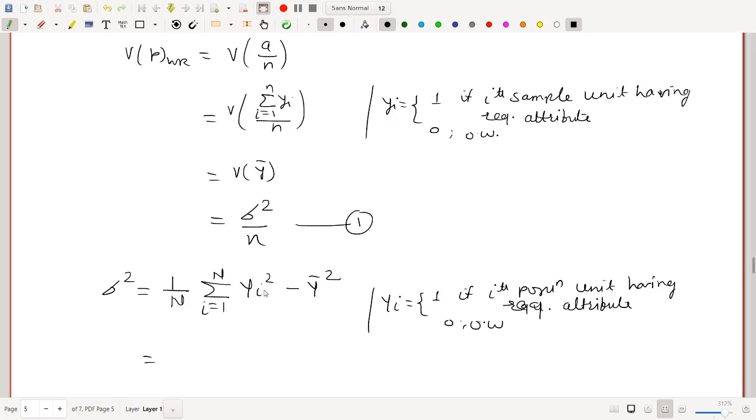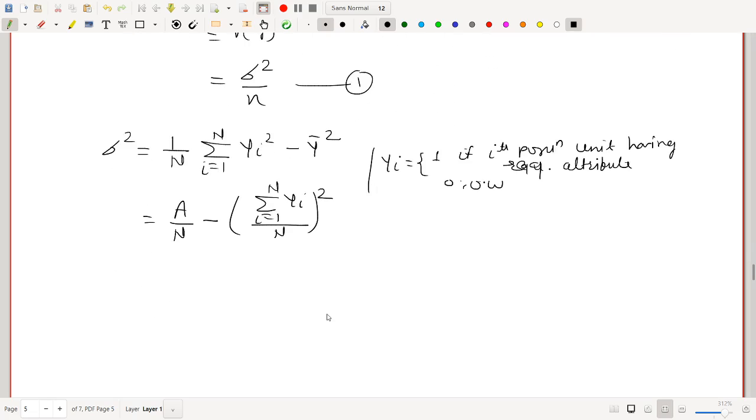You know summation yi square is the same as summation yi. So this is A by N, minus Y bar, which is summation i running from 1 to capital N, capital Yi upon capital N, whole bracket square. So summation yi is the same as summation yi square, which is capital A. So this will be capital A by N minus, again, capital A by N whole bracket square.